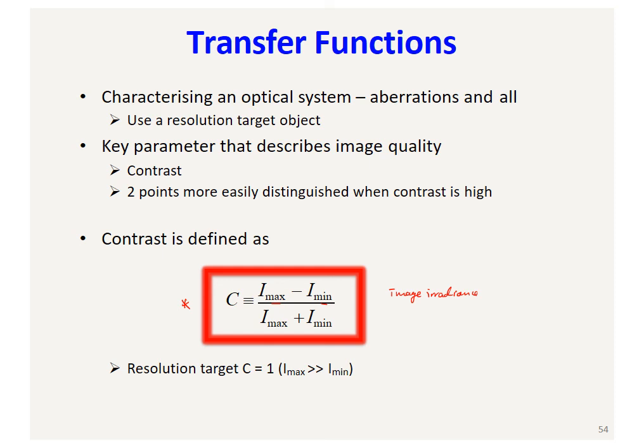Now, contrast, instead of being just a yes or no, can take a continuous value. Optimum contrast, where the maximum irradiance is very, very bright and the minimum is 0, dark, is going to give us a contrast of 1. A contrast of 0 means that we can't see anything at all.